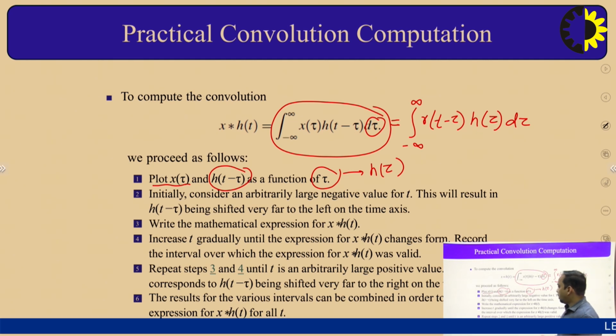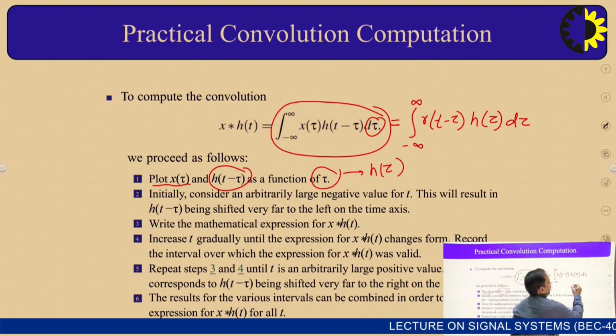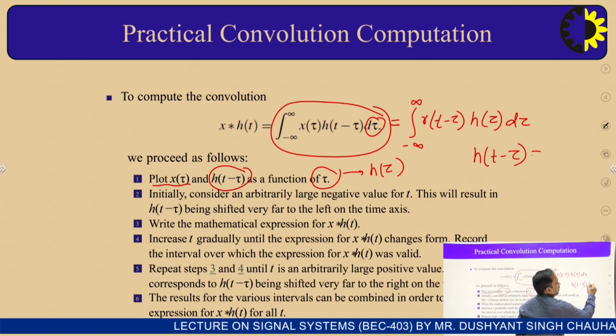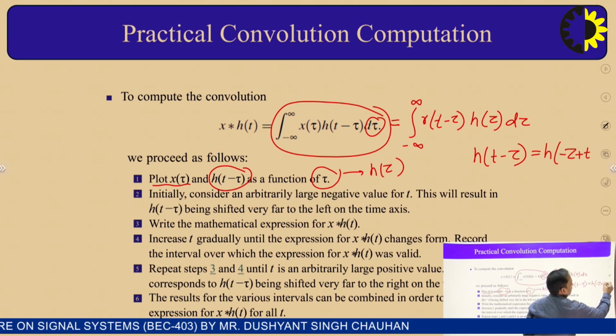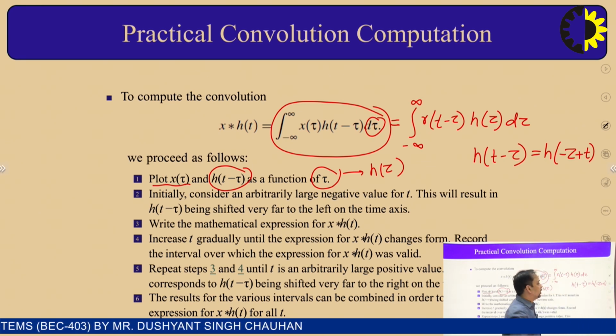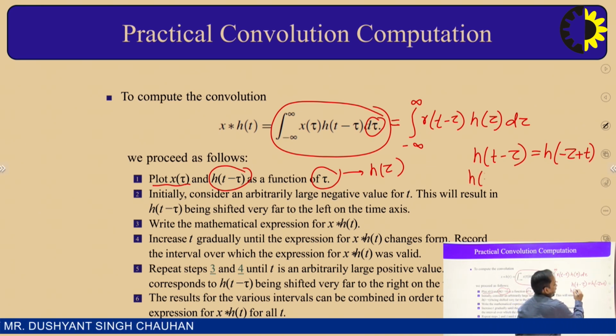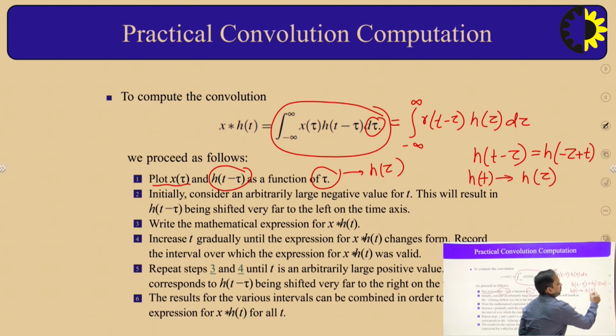Initially there are certain steps. h of t minus tau can be written as h of minus tau plus t. From h of t we first get h of tau.